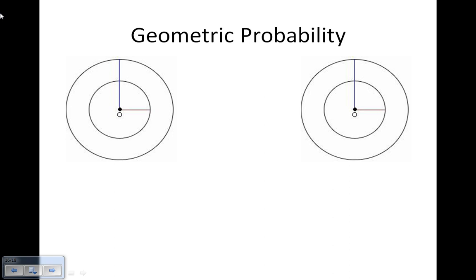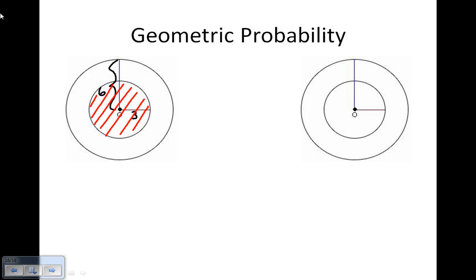Now we'll move on to a slightly harder problem. These are concentric circles, which means that they share the same center, O. Let's say that this radius is 3, and this radius, the entire thing, is 6. Now, I'm going to do this problem twice. The first time, I'm going to find the probability of hitting the shaded region inside the small circle.